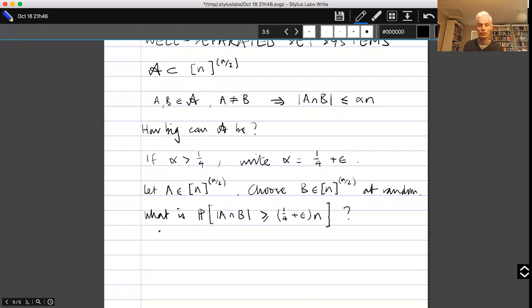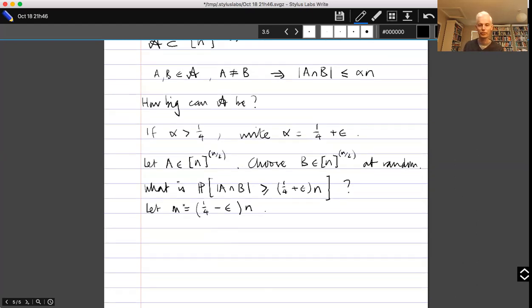So it'll be convenient to let m be a quarter minus epsilon n. And that's because we've got that A intersect B is greater than or equal to a quarter plus epsilon n if and only if A complement intersect B, and A complement is another set of size n over 2, has size at most m.